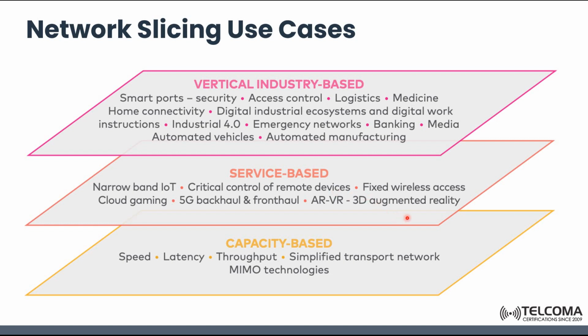AR, VR, 3D augmented reality. Capacity based, which could be on the basis of speed, latency, throughput, simplified transport network, and capacity can be achieved through MIMO technologies also. So we have divided into vertical industries, meaning we divided the applications on the basis of their industry.